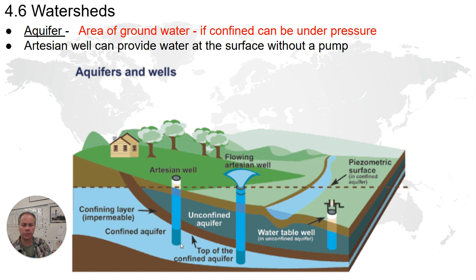This is called an artesian well. Sometimes, if that water is under pressure, the water can flow out of the top of the well without a pump. That's a flowing artesian well. We often call these springs, which bring the subsurface water to the surface without any mechanical means.